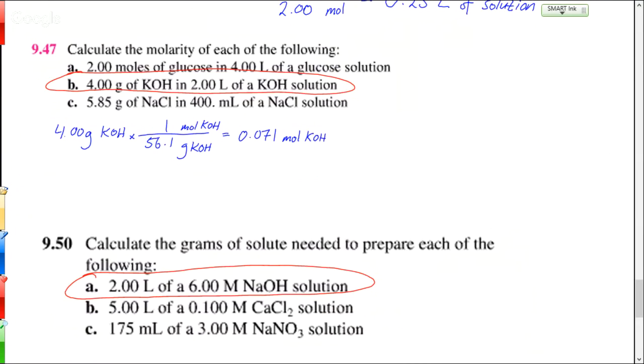So then we have to divide it by the overall volume of the solution that we're making. So 0.071 moles of KOH divided by 2 liters of solution.